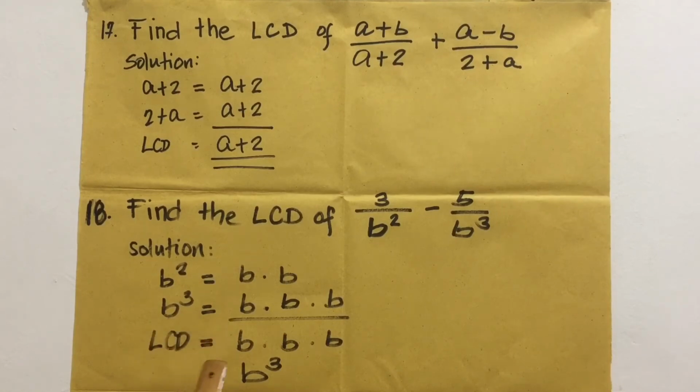And the next step is to find the factor of b squared, b and b, and the factor of b cubed is b times b times b. Our LCD now, so common here, b and b, so we pick up just one to represent our LCD.